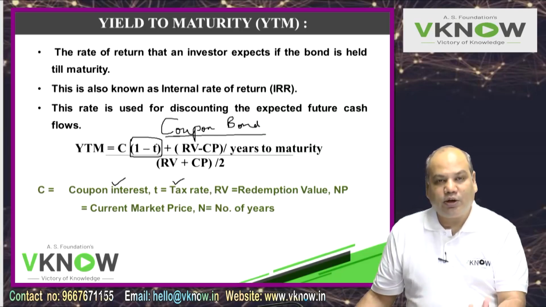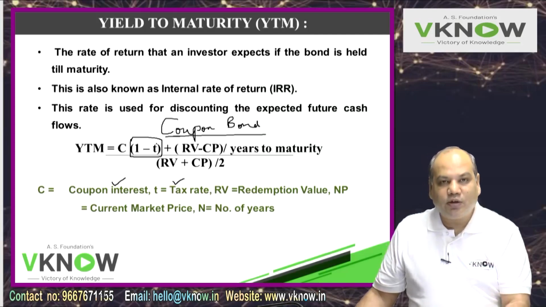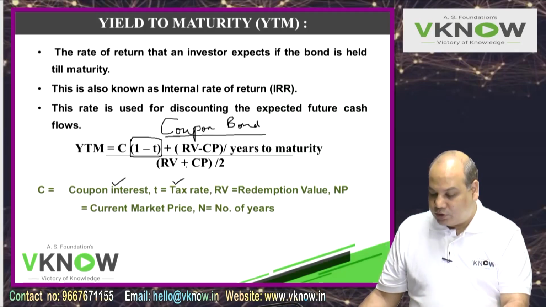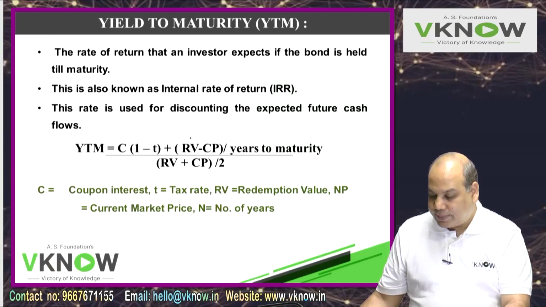If you are a company, you get a tax shield on interest, and therefore your interest cost will reduce to the extent of tax saved. This I have already explained in the time value of money and cost of capital chapter. RV means redemption value. If the problem is silent about redemption value, what will you assume? Par.